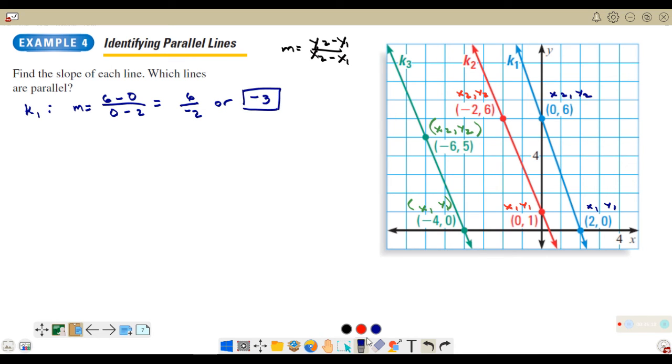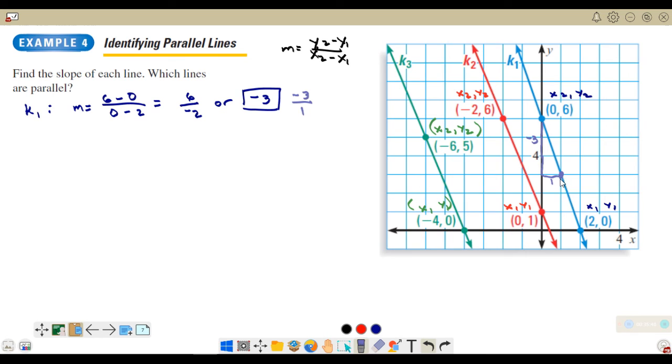Ang ibig sabihin daw niya, for every time na magra-rise ka or magda-down ka ng negative 3, magra-run ka pa kanan ng isa. So, check natin. Isa, dalawa, tatlo, punta sa kanan ng isa. Tama. So, this is negative 3, 1.